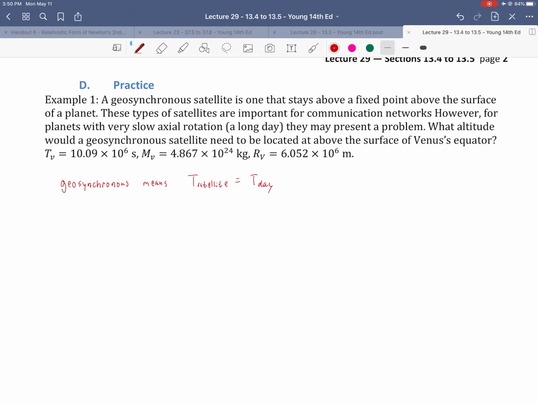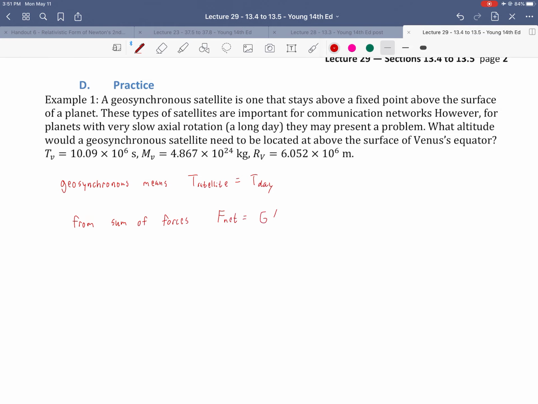All right. So that's what we're going to do here. We're going to match our periods. I'm going to take what we already know about the period, from the sum of forces, F net.